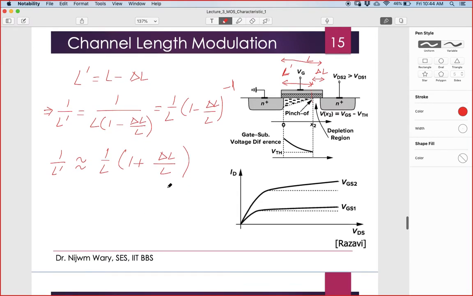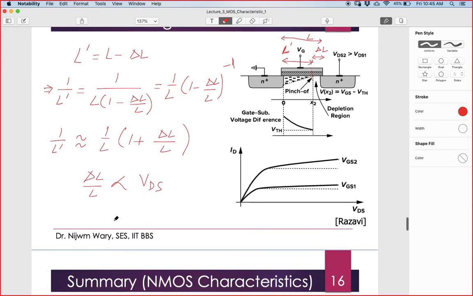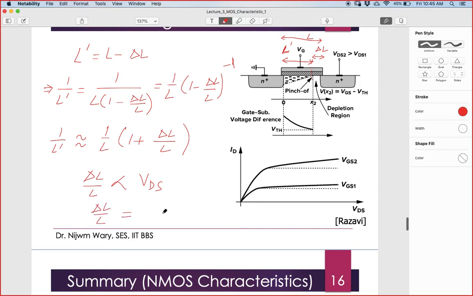Now this delta L by L is directly proportional to VDS, so we can introduce a proportionality constant. Delta L by L is lambda VDS.